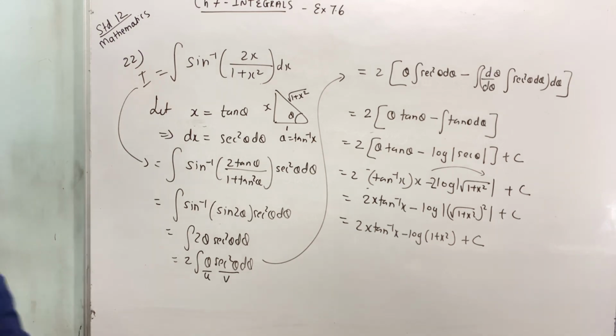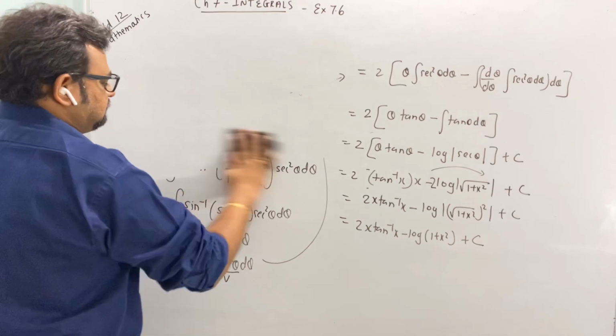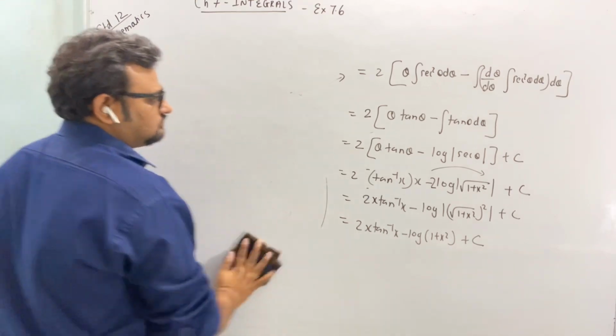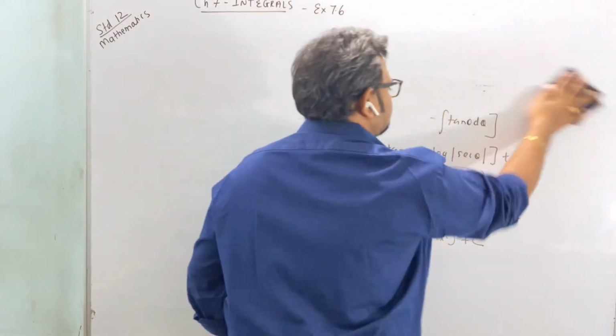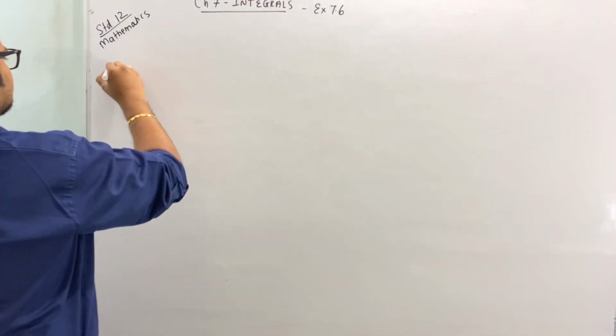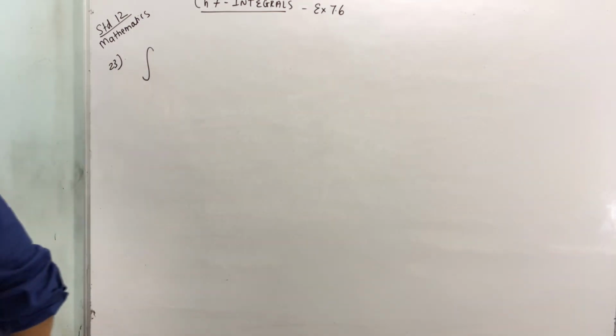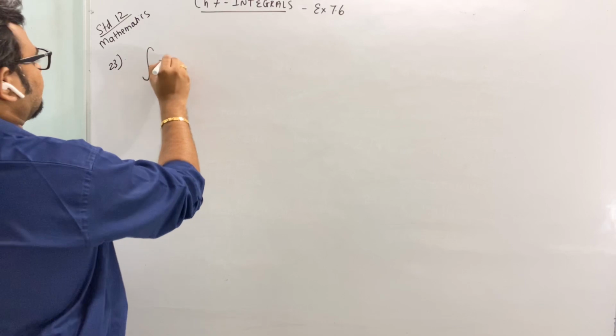Okay, let's move to the next, 23rd. 23rd is integration of x square e raised to x cube.